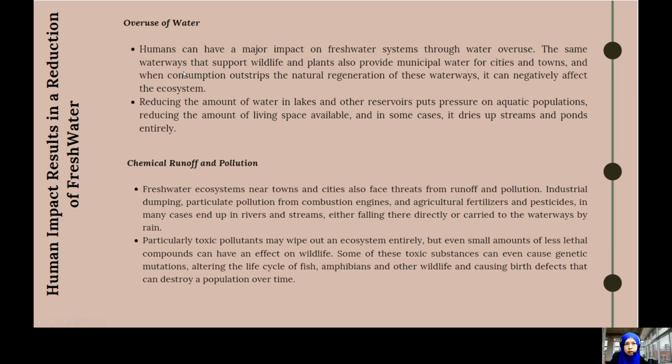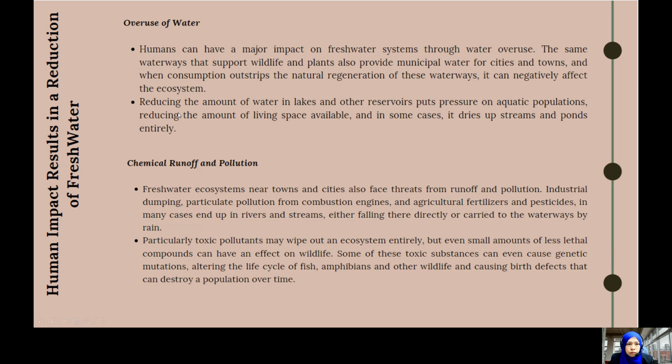The same waterways that support wildlife and plants also provide the municipal water for cities and towns. When consumption outstrips the natural regeneration of these waterways, it can negatively affect our ecosystem.